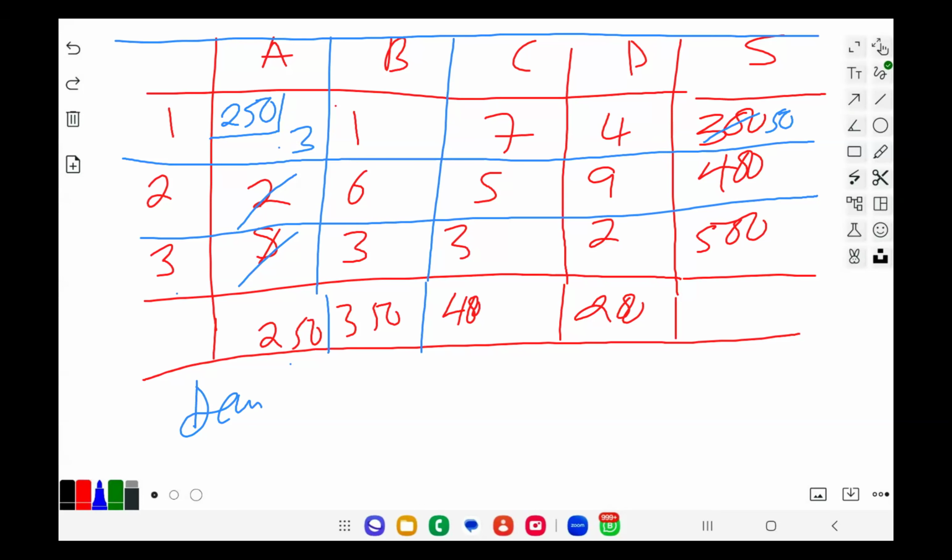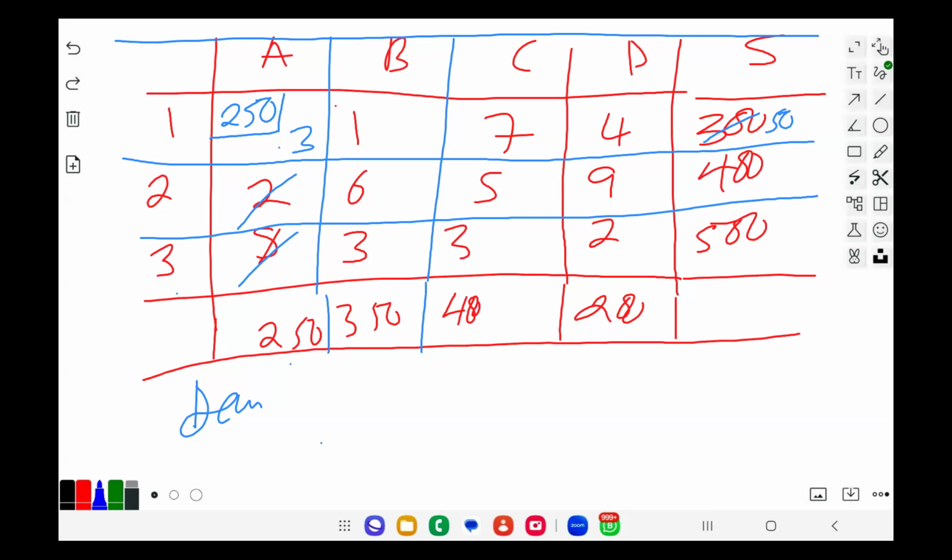With 50. Okay, so 300 minus 250. Okay. And then from there, we are going to proceed. It means we are done with column A. So we have just remained with B, C, and D, right?